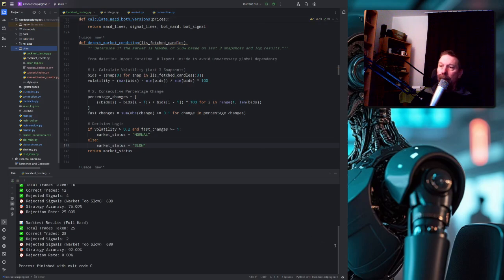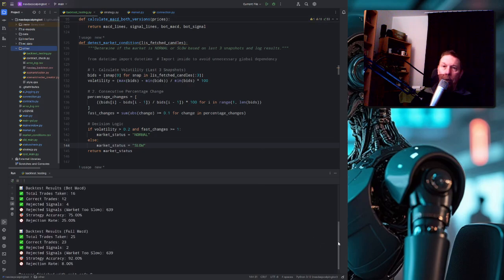Yes, okay. And it doesn't really change much. 75% strategy accuracy in the bot MACD, and with the full MACD 92%. Okay, these are the numbers, as I'm going to call them, of the zero-numbers test, as in this is the situation right now.